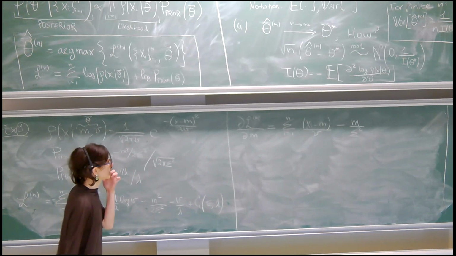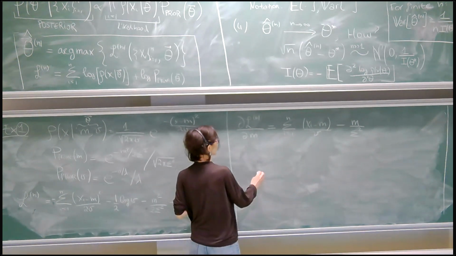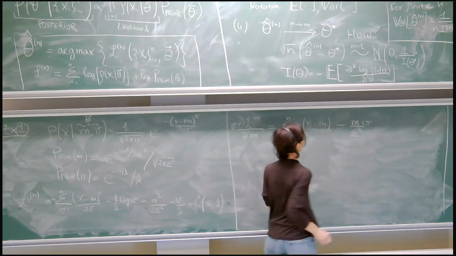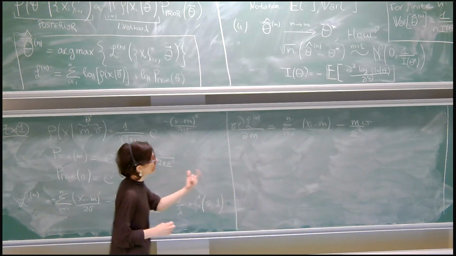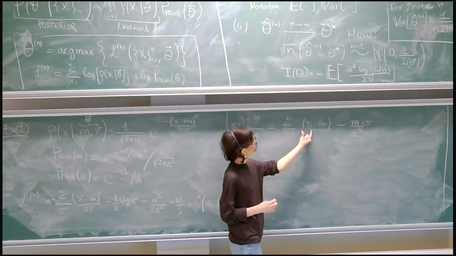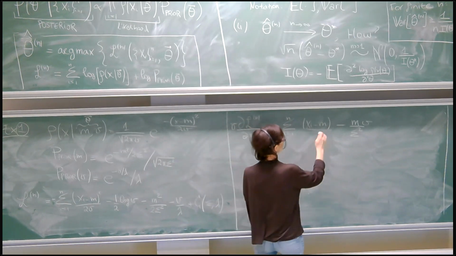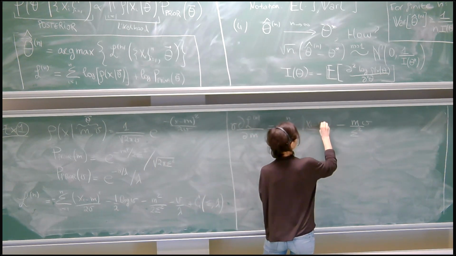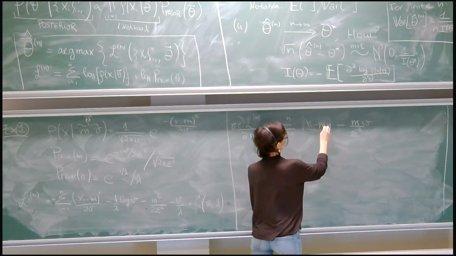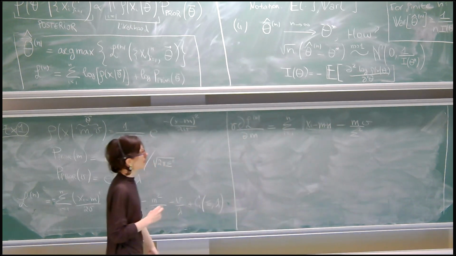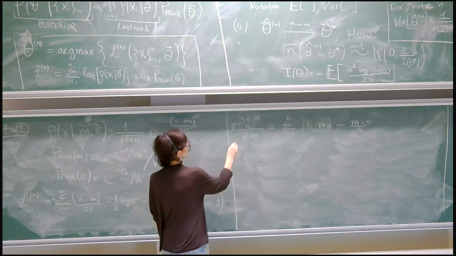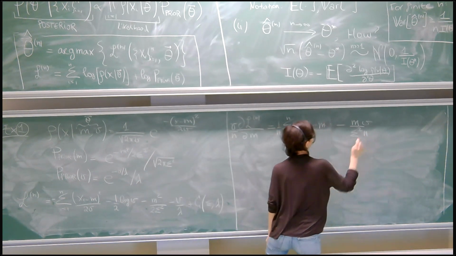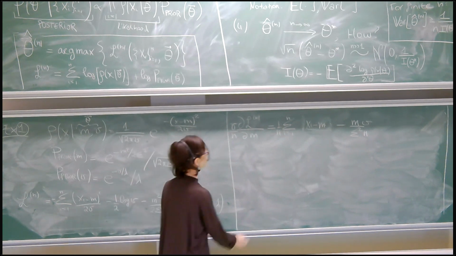Okay, now what can I do? I have to solve for m, so let me multiply this by v. And let me do the following. This is a sum of a term which depends on i and a term which does not depend on i. So I can just sum over the second one, and this will just give me m times small n, which is the number of terms on which I'm summing. Let me divide by small n. This is just algebra. Okay, and now let me solve for m.